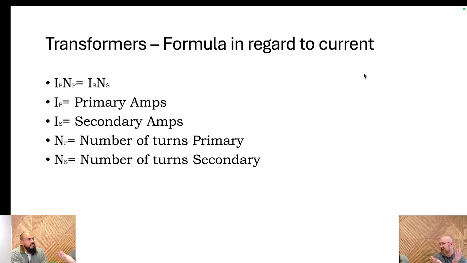I don't want to do math on the fly here, but if you hook it up to a 12 volt supply, and then you hook it up to a 24 volt supply, it's going to require half the number of amps to run that light bulb off the 24 volts than it would for the 12.